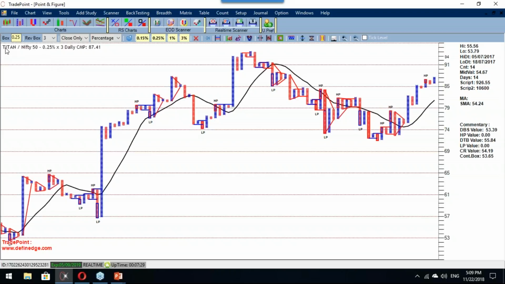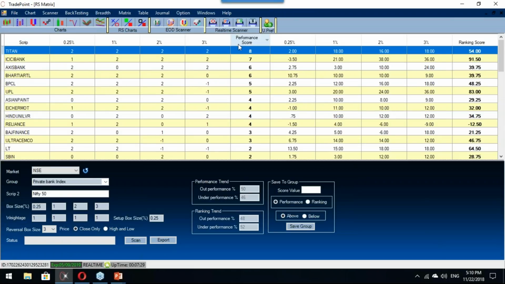So we divide the price of Titan by the value of Nifty, and we plot this chart. We get a number there, right? That is called the ratio number. So using that number, we plot this point and figure chart. So my question is, Titan, which has the maximum possible score of 8 in the relative strength matrix, with this, can we guess the performance score? If it is possible, what is the likely score?